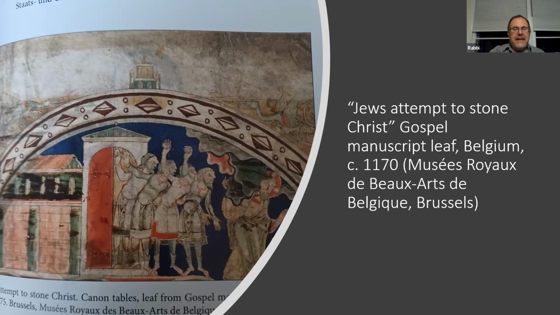So, and again, the reason why this is so important is that the problem, so to speak, in the relationship between Judaism and Christianity is the claim that the Jews are responsible for the death of Jesus.